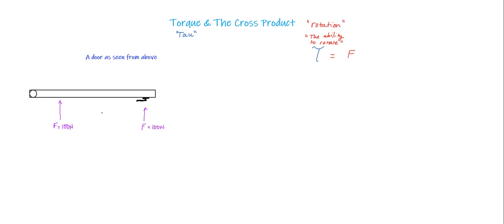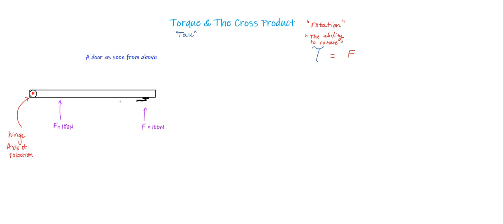If we were comparing these two situations, we would say that pushing with 100 newtons of force at this position, and I'm going to label the position as from the axis of rotation, this is the hinge over here. So the hinge of the door is serving as the axis of rotation.